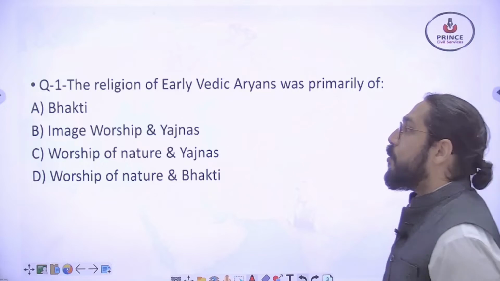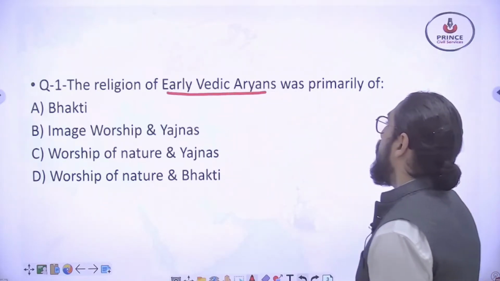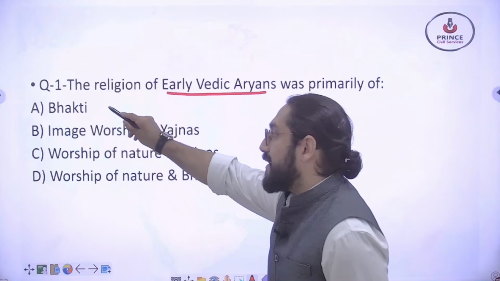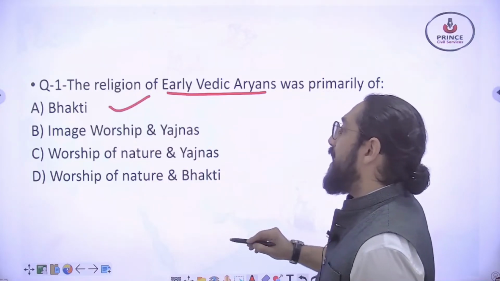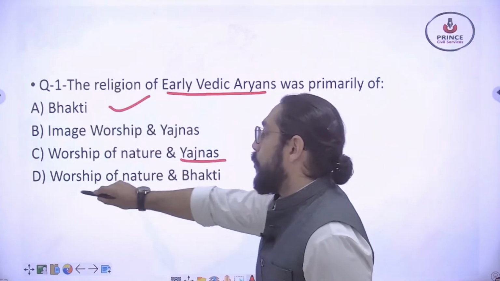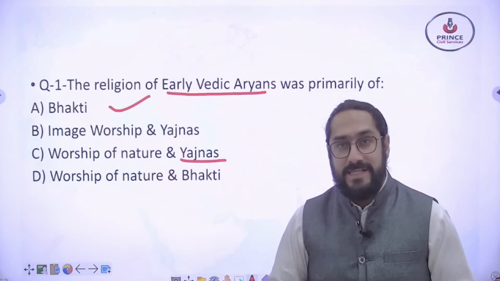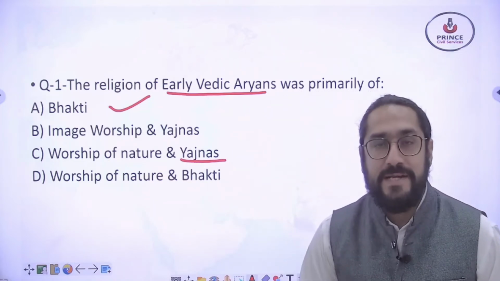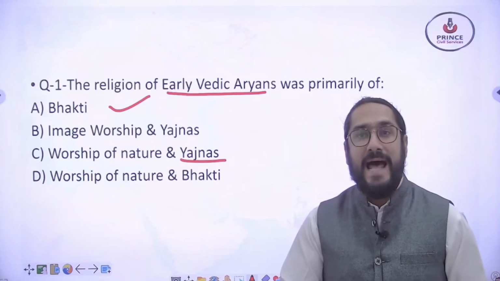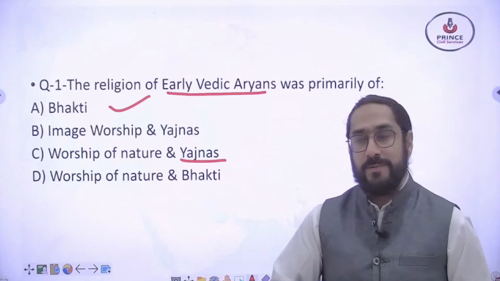Question number 1: the religion of early Vedic Aryans was primarily bhakti, image worship and yagna, worship of nature and yagna, or worship of nature and bhakti. So this is your question. You can pause the video, solve the question and come back for the explanation and the answer.